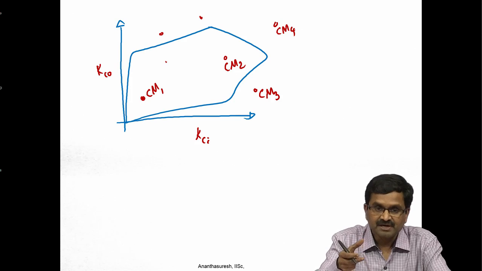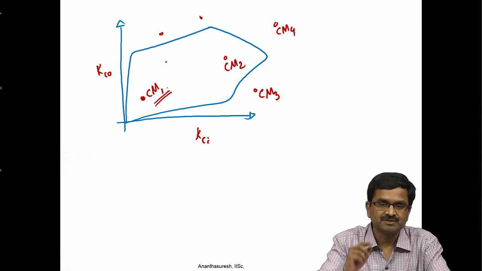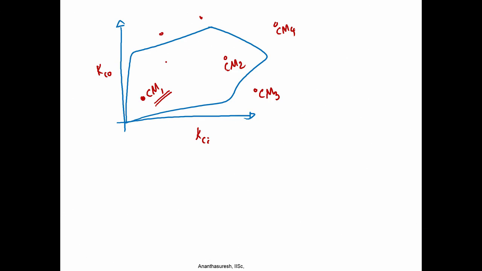If the n of the compliant mechanism, which is what we call the property, lies within that range at this point, then this compliant mechanism satisfies the user requirements completely and we can take that.